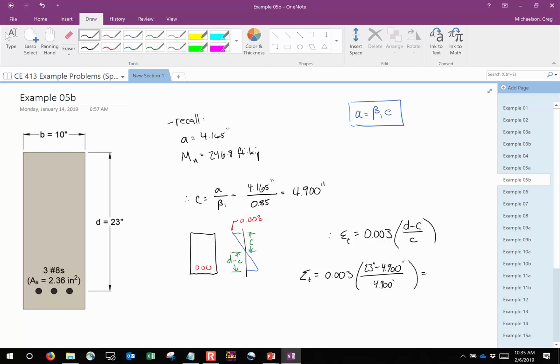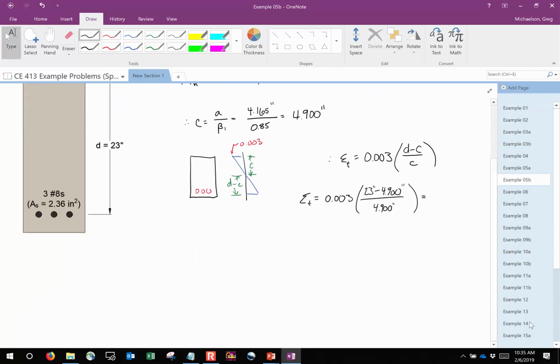And what does that come out to be? 0.011.